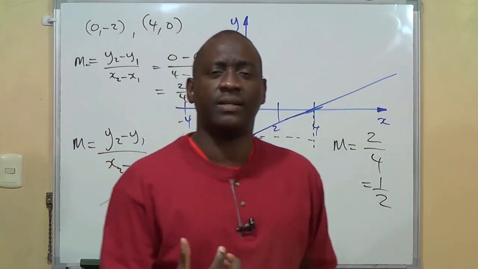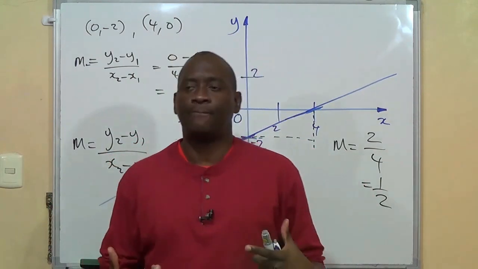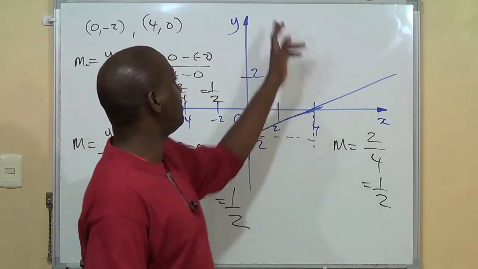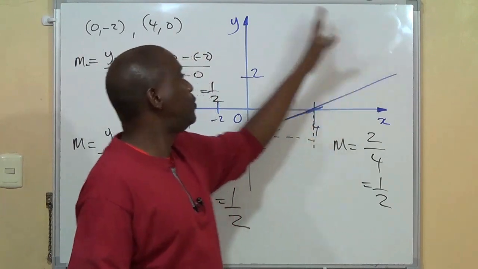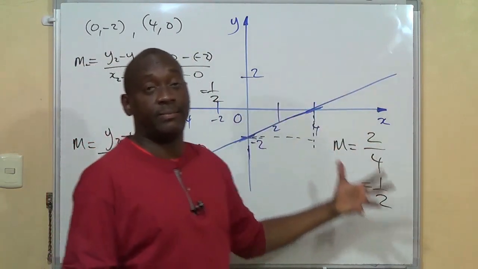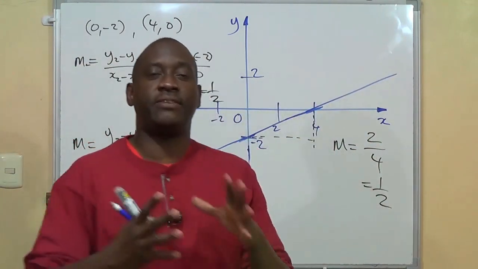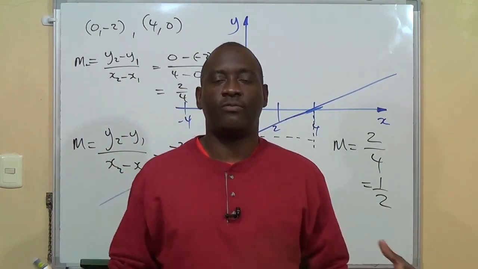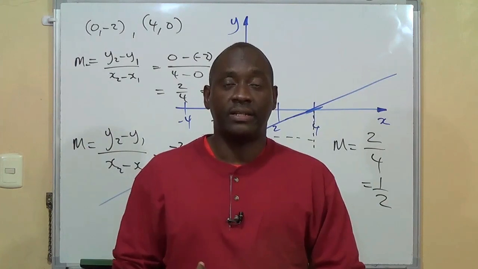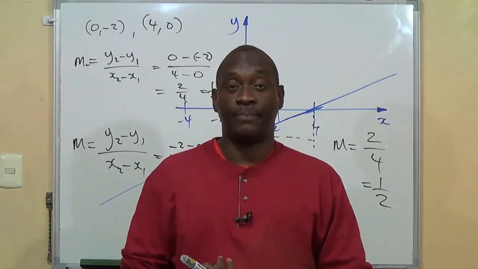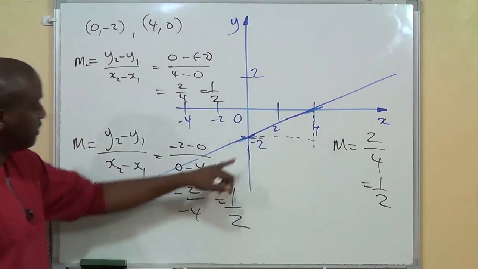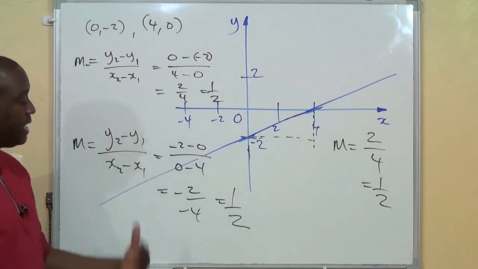You only need to do that if you have a line segment in space, right? If you have a line segment somewhere here and you don't really know what the y-intercept is, and they tell you find the gradient of the line or find the equation of the line, well then yes, you use the long formula. But if you have the gradient and you have the y-intercept, either given to you explicitly or in a diagram, then it makes your life a lot easier.